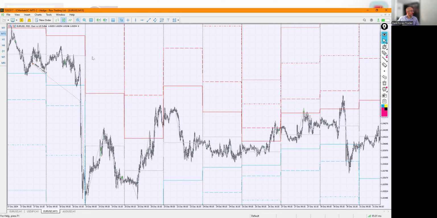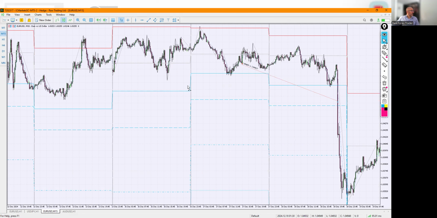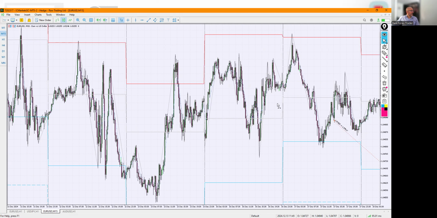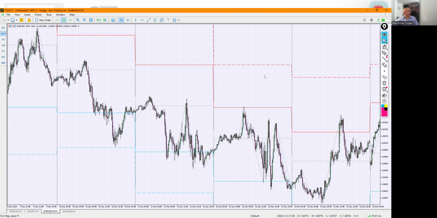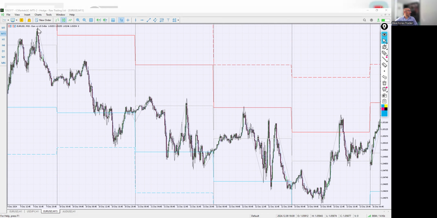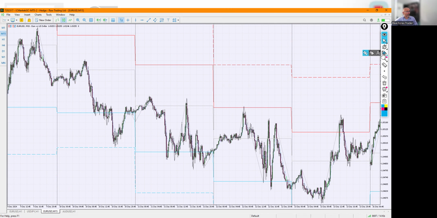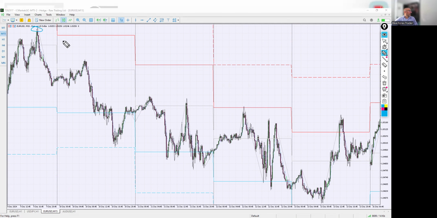Expand a little bit, right. Look at this. For instance, in this very moment, just by observing a little detail, here are lower highs, lower highs, lower highs, and lower lows, lower lows, lower lows, lower lows.